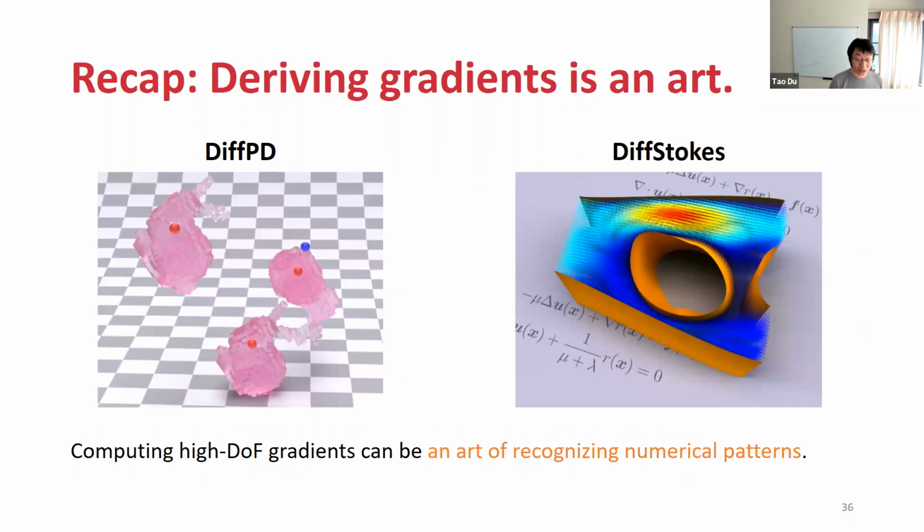So to summarize briefly, this paper has shown that if you can recognize the numerical patterns in the numerical problem you try to solve in simulation, there's a chance of speeding up the backpropagation process, and a good chance that you can use the carefully calculated gradients to facilitate downstream applications.